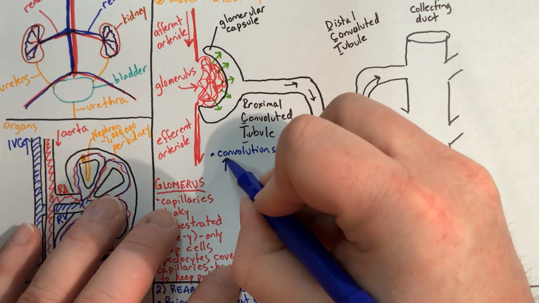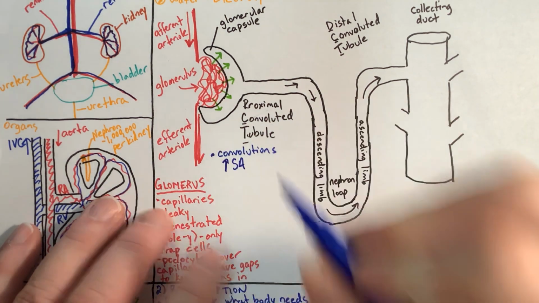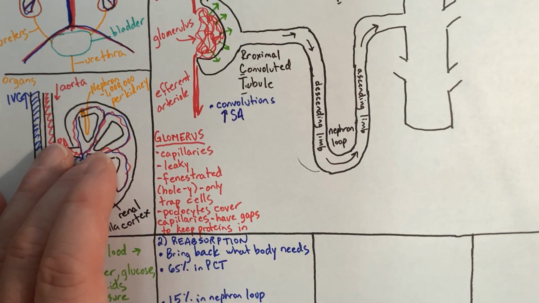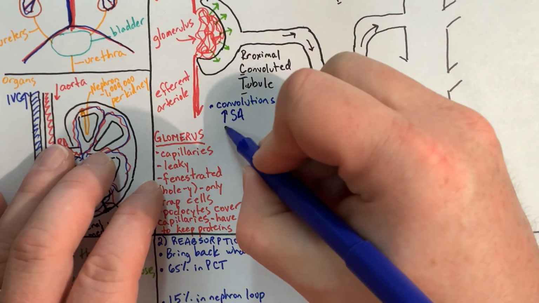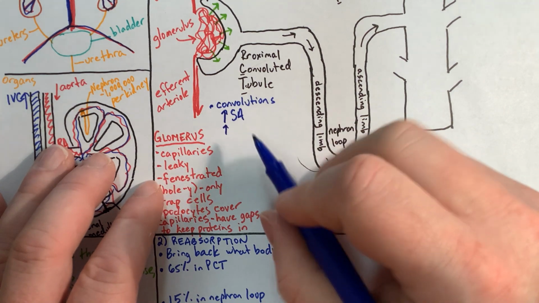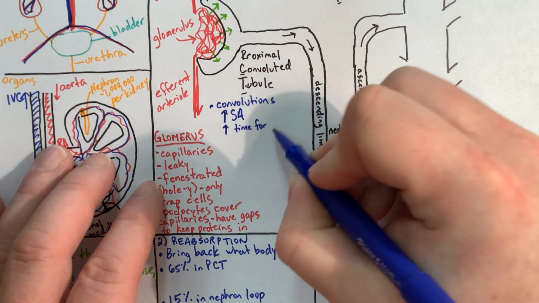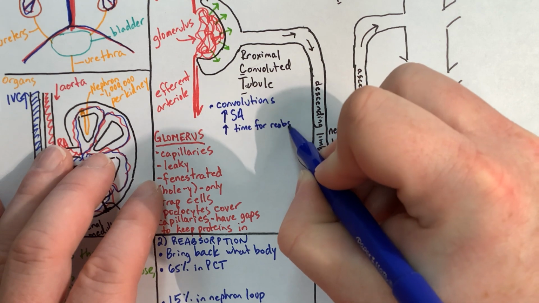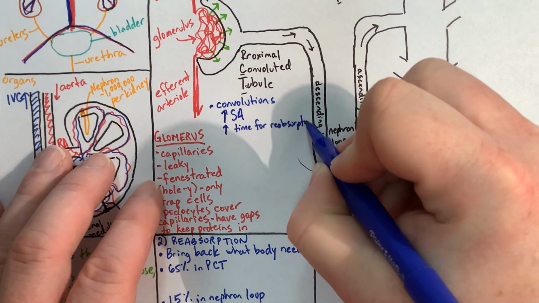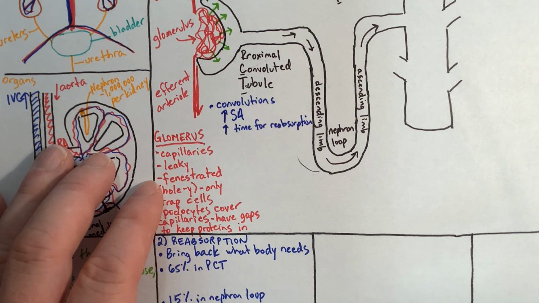That will increase the surface area to be able to do reabsorption. And all of those twists and turns also increase the time for reabsorption. So there's more time and there's more ability there.